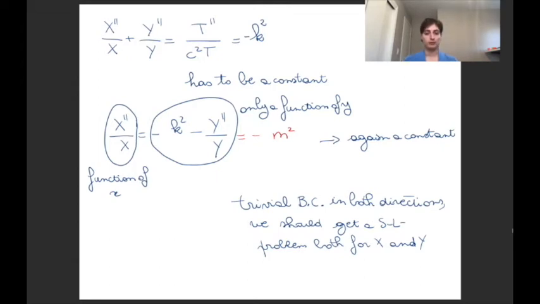We have trivial boundary conditions in both directions. So the idea is that if we're careful enough, we should get a Sturm-Liouville problem both in the y direction and in the x direction. And since we have two variables that we have just introduced, k squared and m squared, we have enough freedom to find all the necessary eigenvalues.